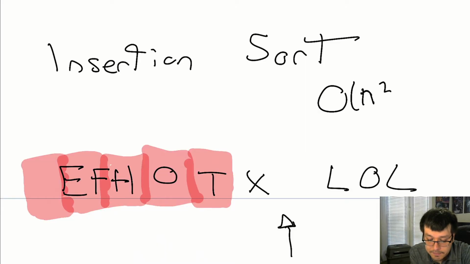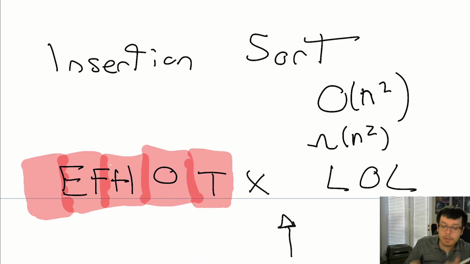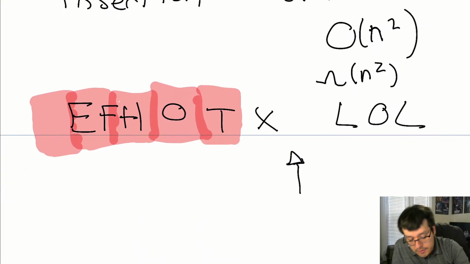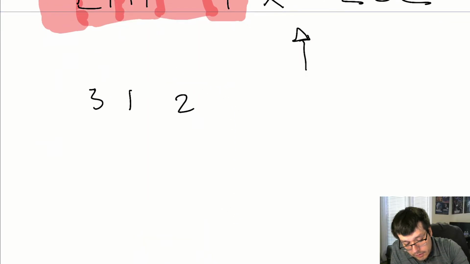And technically speaking, it's going to be n squared in all cases. I don't think there's an omega of n for this one. Let me triple check that on my list, but I think not, because even if you feed it a sorted list, when it grabs a number and starts looking, it has to look through all those things.